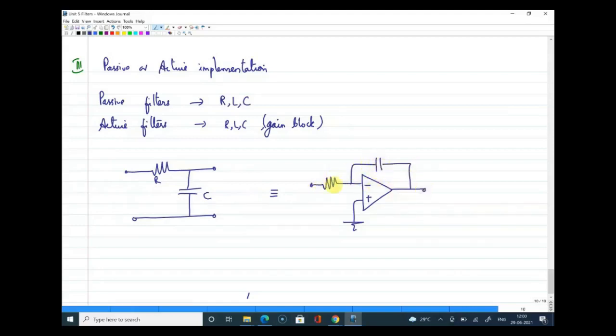So this is an active low pass filter. This is a low pass filter which is passive. This is an active low pass filter. We call this filter a Sallen and Key filter, which we will be dealing with in the second order filters soon in this class. All right. So here it is V in and this is V out.